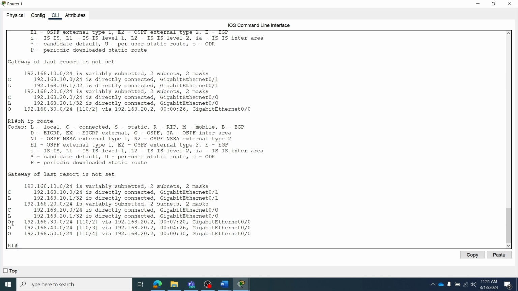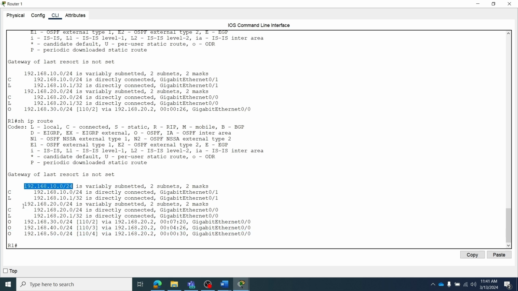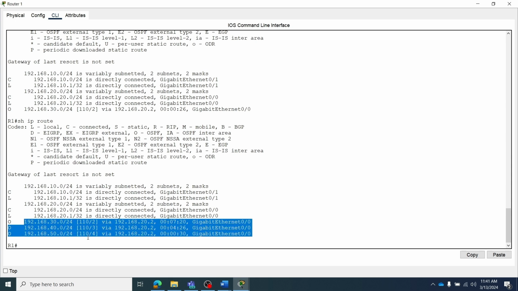Now you can see it's added, that time it was only 30, and now two more networks added, one is 40 and another one is 50. So all the 5 networks: 10, 20, 30, 40 and 50, and these 3 networks came through OSPF. So router 1 now knows about all the networks in this network topology.